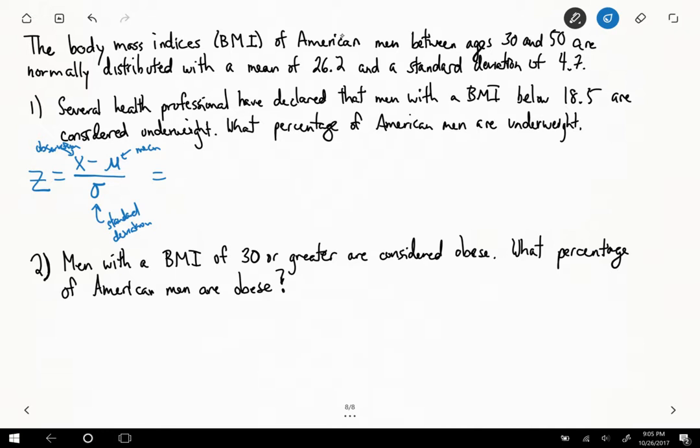So we have basically a nice normal distribution we can calculate values on. What's our observation in this case? Our observation is 18.5, so we will plug in the 18.5 here, minus our mu. It's normally distributed with a mean of 26.2 and a standard deviation of 4.7.